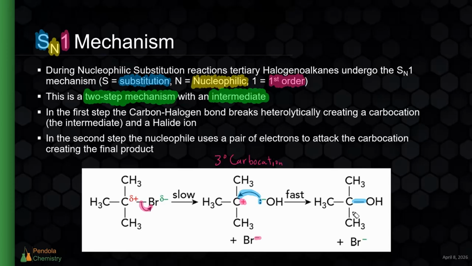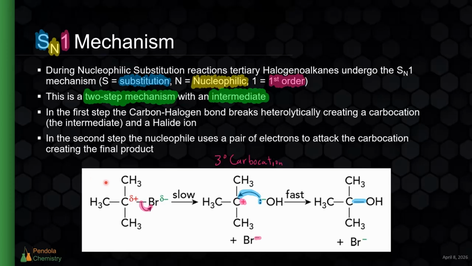So the products are the same because these are the same reactions. We still get that alcohol in this case because the nucleophile is a hydroxide. We still get that halide ion, which is the bromide ion. It's just how it happens that changes. With a tertiary halogenoalkane, it happens through the SN1 mechanism, which has two individual steps.